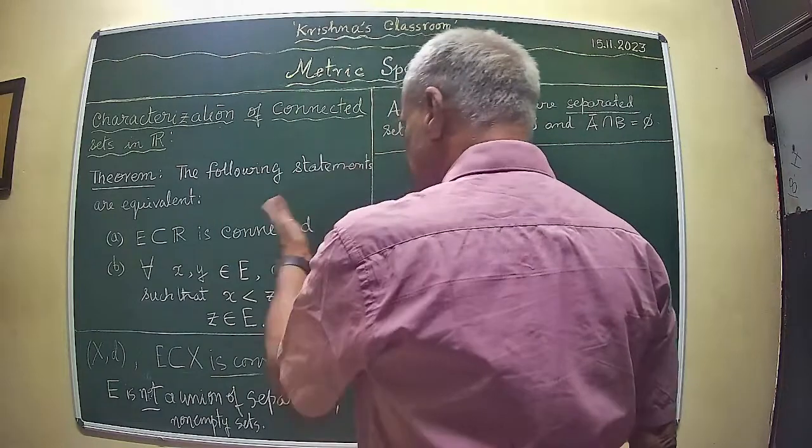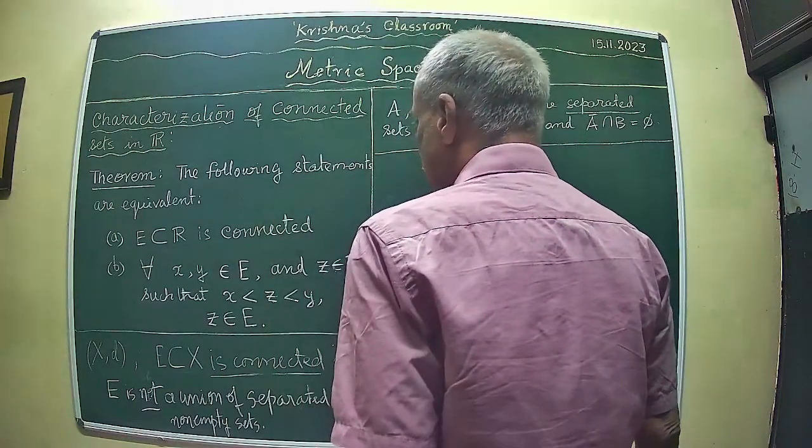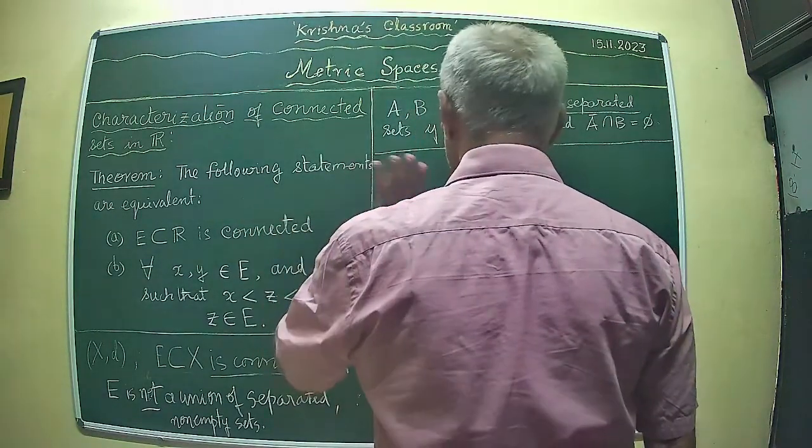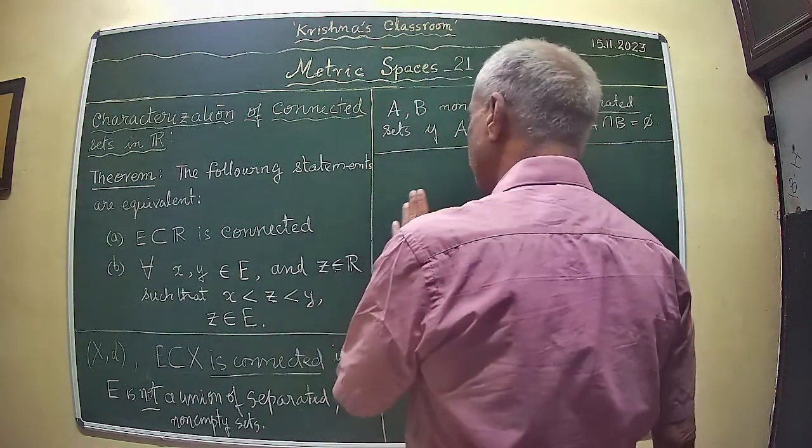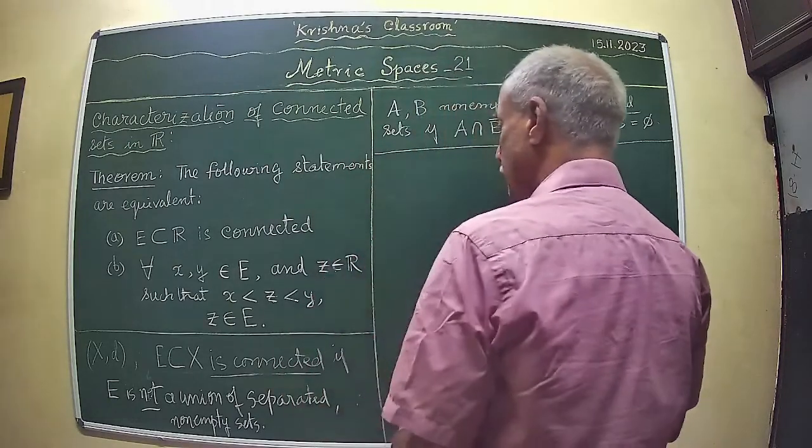So the first statement that E contained in R is connected. Now what does it mean? What is the negation of that?